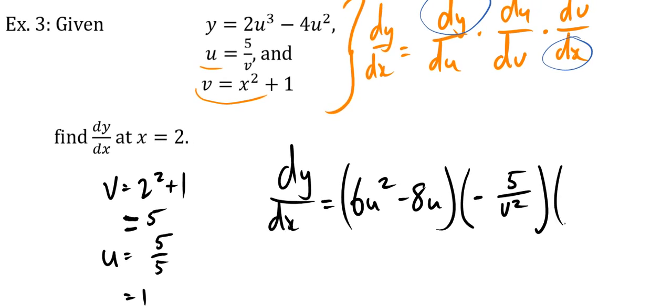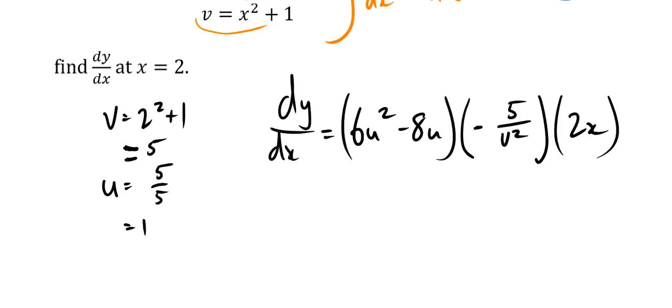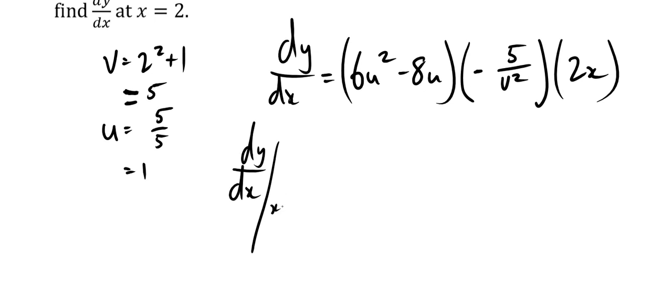And then dv by dx is 2x. So when x equals 2, v equals 5, and u equals 1, just sub in.